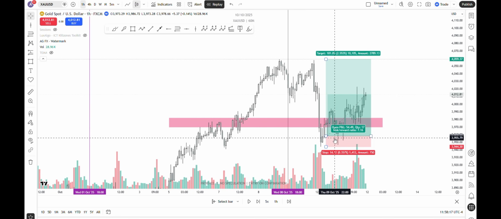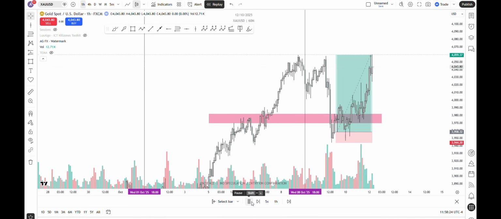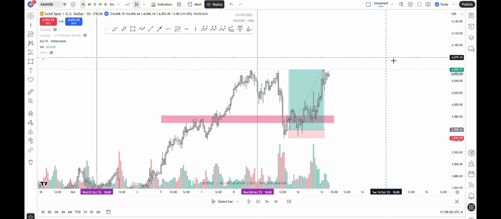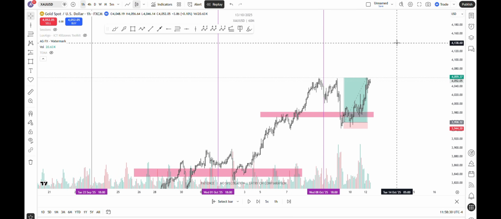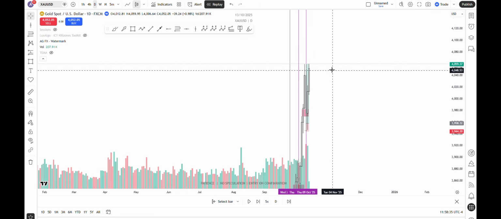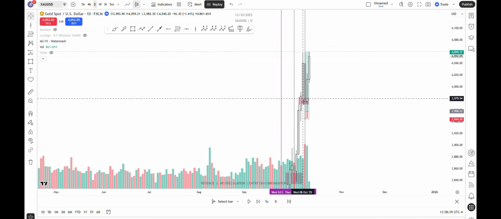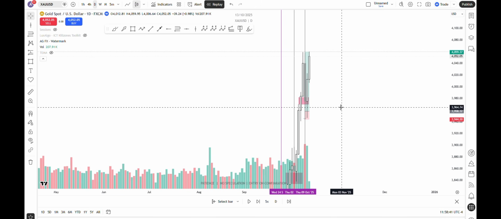You can see that market dropped and gave us our entry, and after that market started to push higher. So now if we just resume it, you can see that market went up and market has given us our target. So this is what displacement is, okay? And once again, remember, as long as there is no candle closing below a particular POI in the same time frame, that POI remains valid.